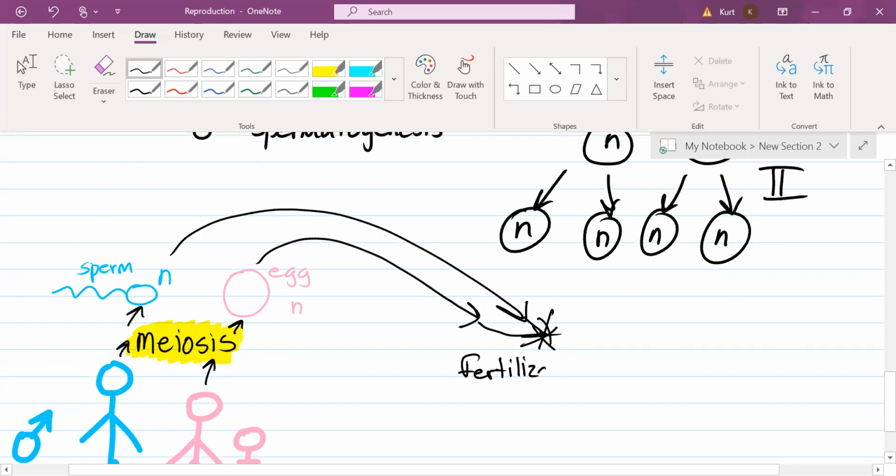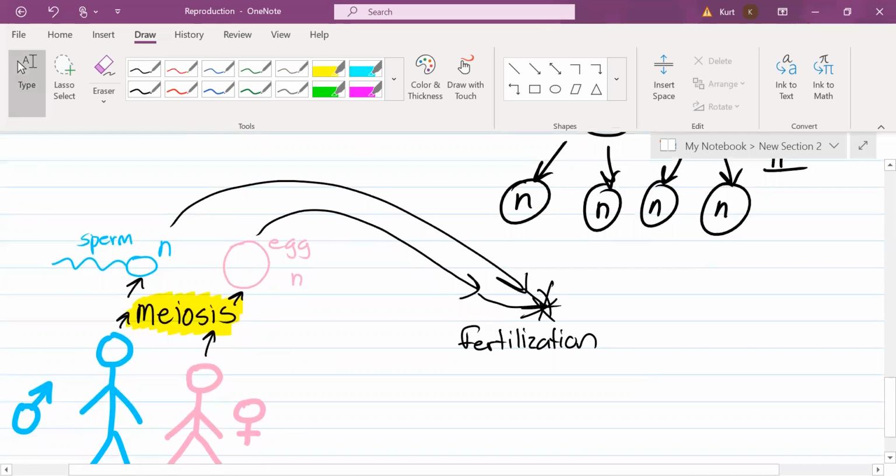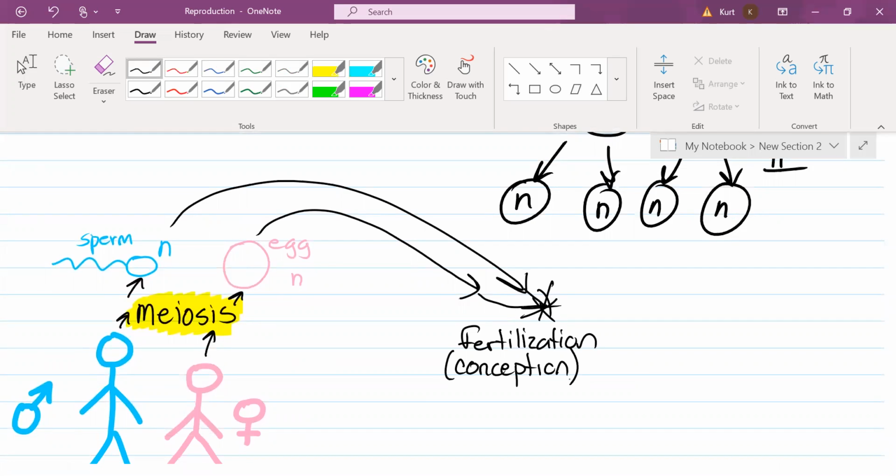In fact, the word sperm means seed. Another word for fertilization is conception. We say that the miracle of life happens at conception. Conception is that moment where the sperm's nucleus fuses with the egg's nucleus.